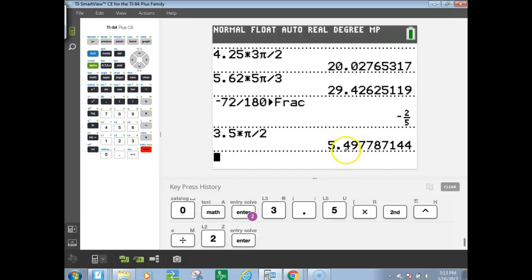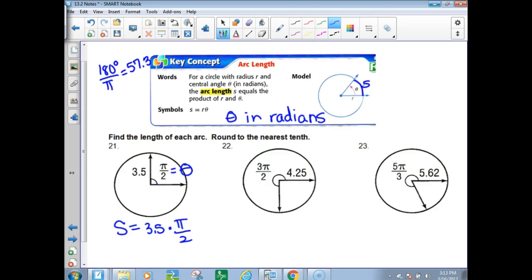And that'll be 5.49 or 5.5. Now that's just going to be in plain units because it is length. Labels are critical in this unit to be accurate. S stands for arc length. Yep, S means arc length.